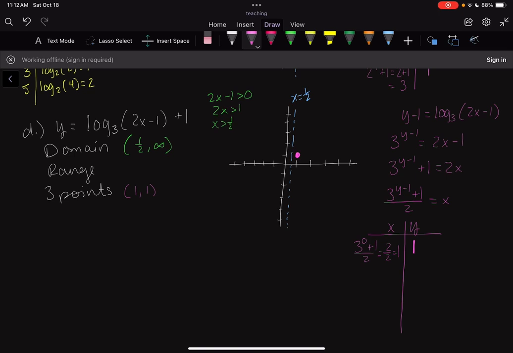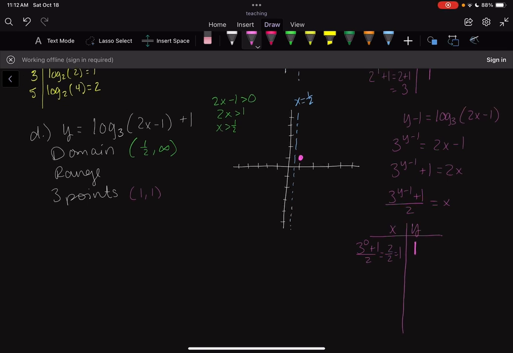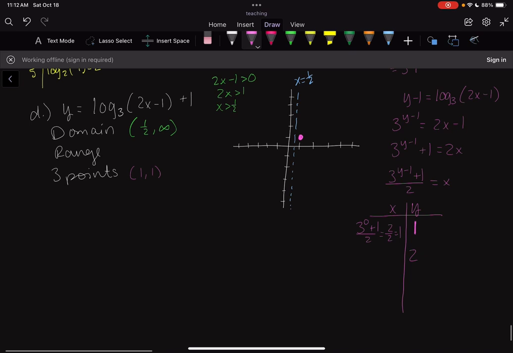Now I am already really close to that asymptote, so if you want to pick something closer to the asymptote, you could. But remember, we can't go past 1/2. 1/2 is our cutoff. We cannot even plug that in. I would just go bigger for this one. So let's see if I plug in 2, what do I get? This would be 3 to the power of 1 plus 1, over 2.